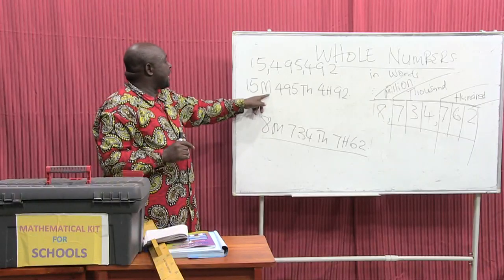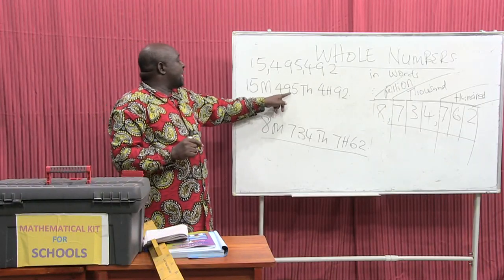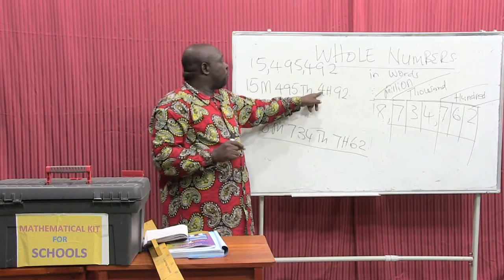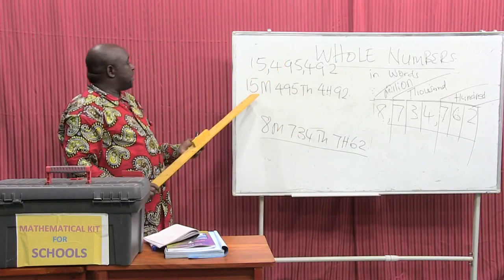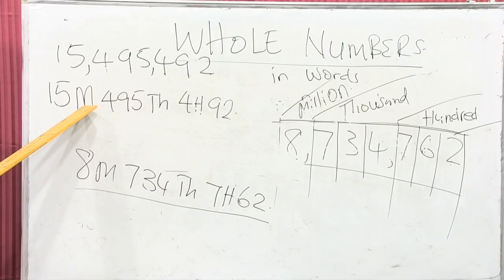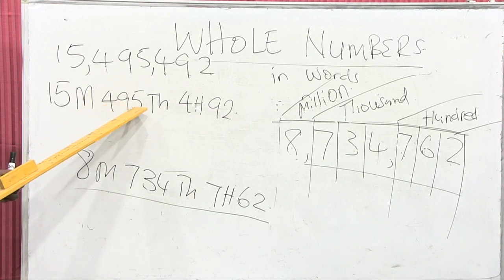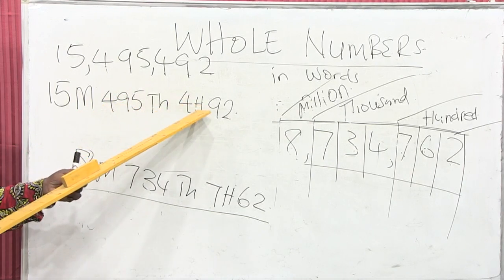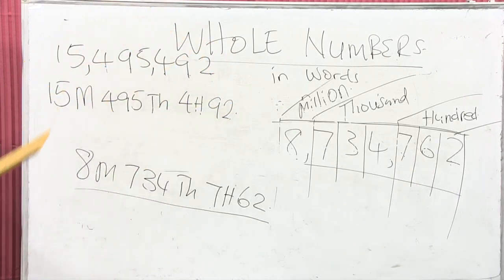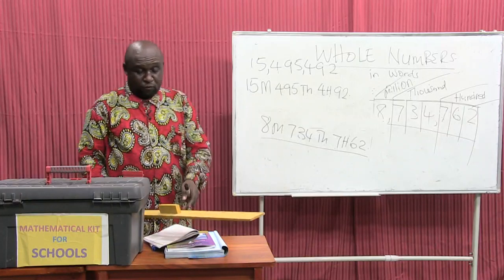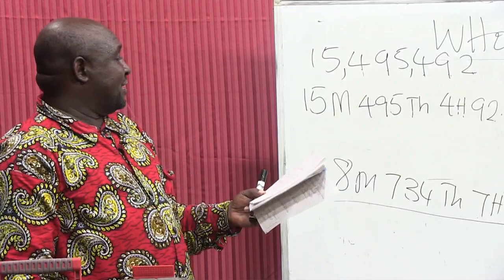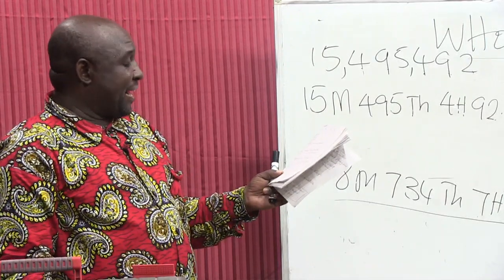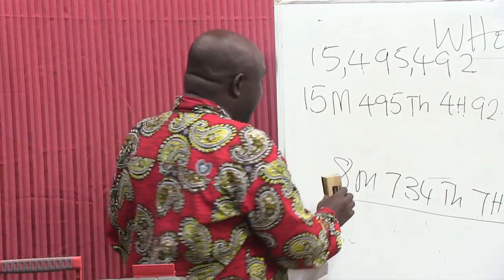So 15,495,492. That becomes very easy for you to read the numbers which are written in numeral.